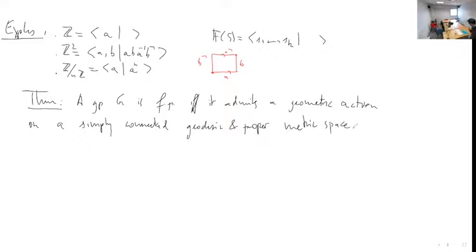Okay. Yes. So you see, the assumption is a little stronger because not only do we assume that we have a geometric action on a geodesic proper metric space, but that space is also simply connected. And from there, we can read the finite presentability.